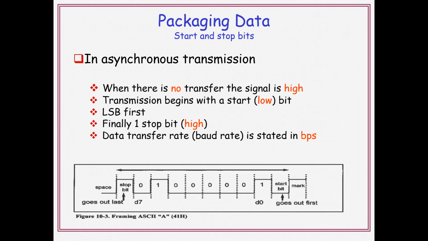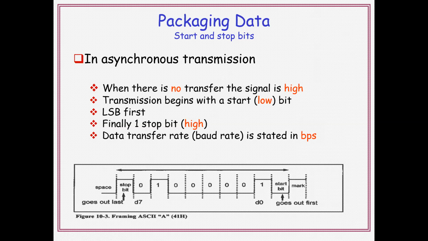Next bits are sent LSB first, MSB last. After that, one stop bit is added, which indicates the end of the packet. The data transfer rate is stated in BPS, bits per second, also known as baud rate.